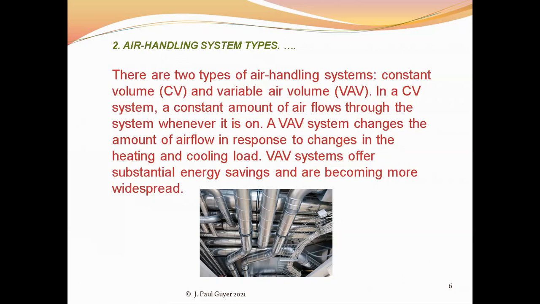Because the variable air volume system has a control box, kind of like a damper, typically just before the air is discharged into the occupied space. And so that variable air volume, or VAV, control box is controlled by a thermostat in the space.